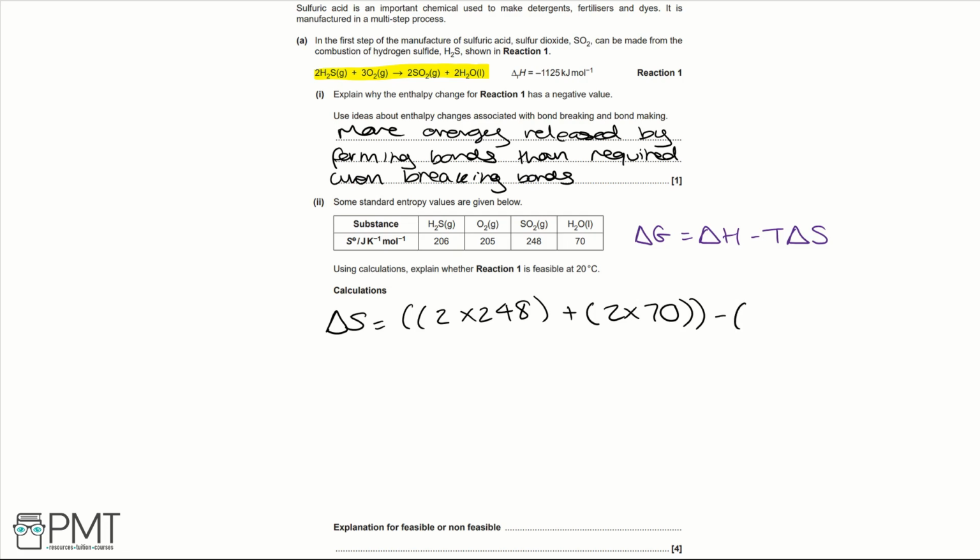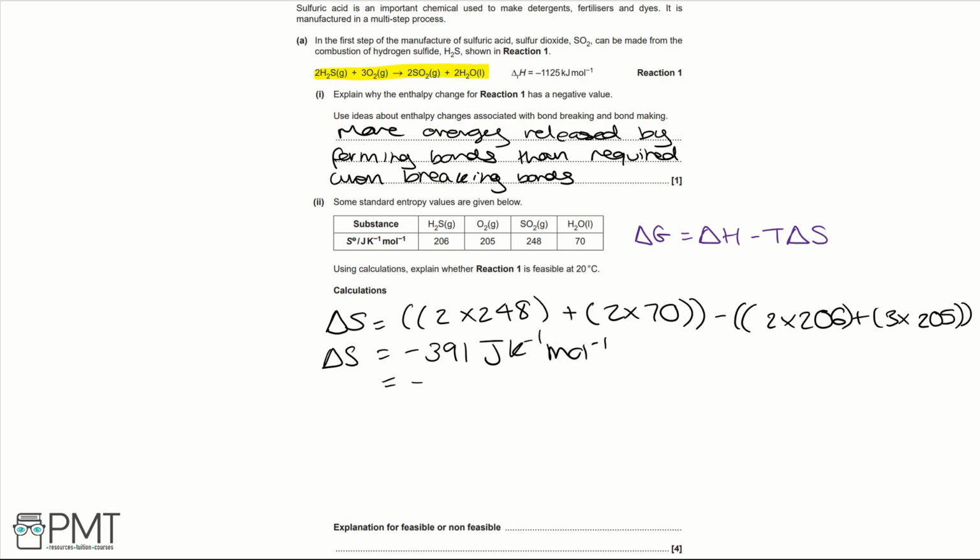And then minus 2 times 206 plus 3 times 205. And that equals a standard entropy change of minus 391. And this is measured in joules per Kelvin per mole.